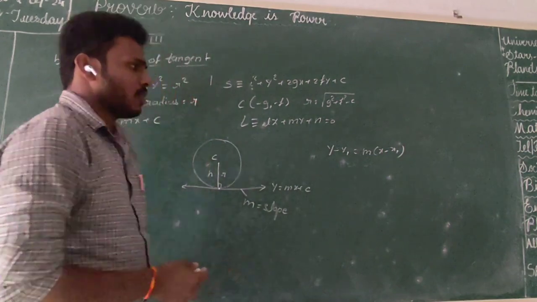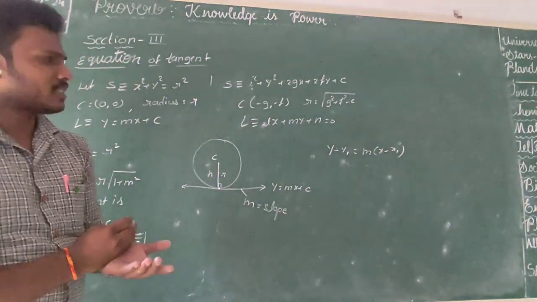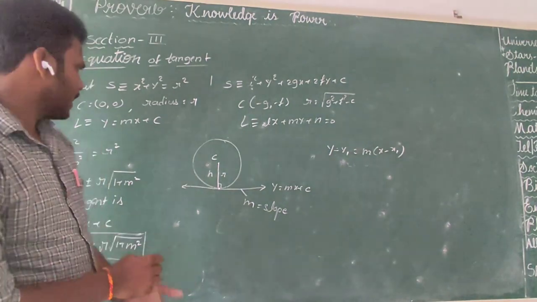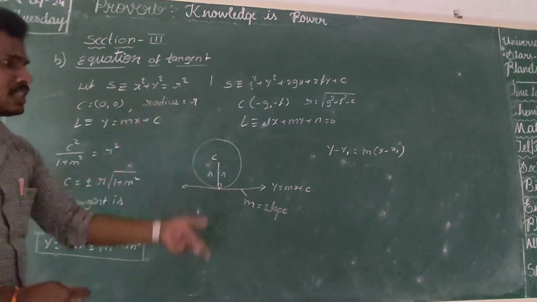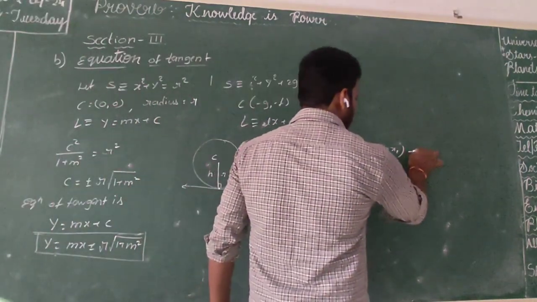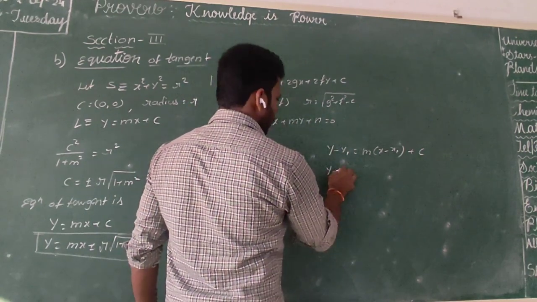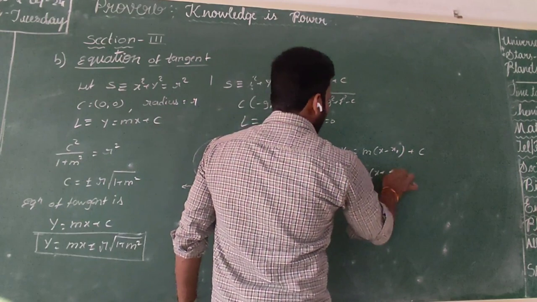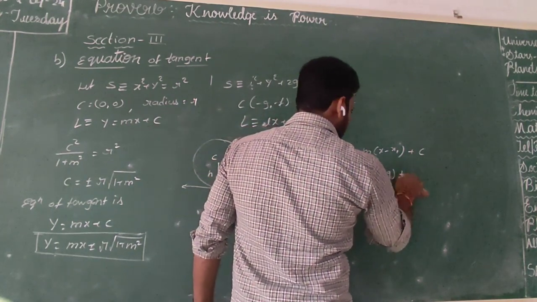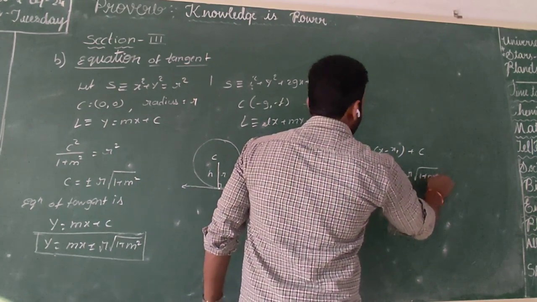In a similar way, y minus y1 equals m of x minus x1 plus some constant. Here y minus y1 is y plus f, so y plus f is equal to m of x plus g, plus or minus r into root over 1 plus m square.